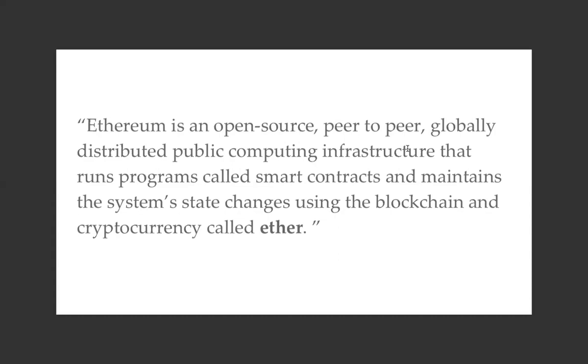And each of the peers has the same state. If there's any change in one machine, every Ethereum peer in the world replicates that change. So every machine shares the same state. There is no different state in the network.